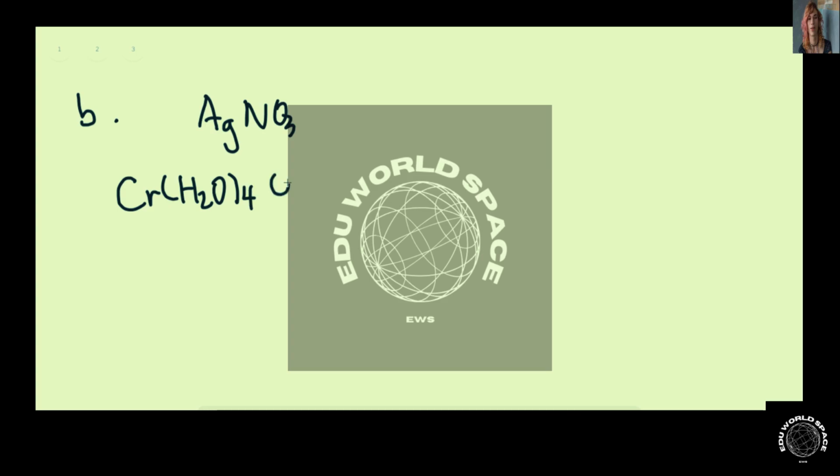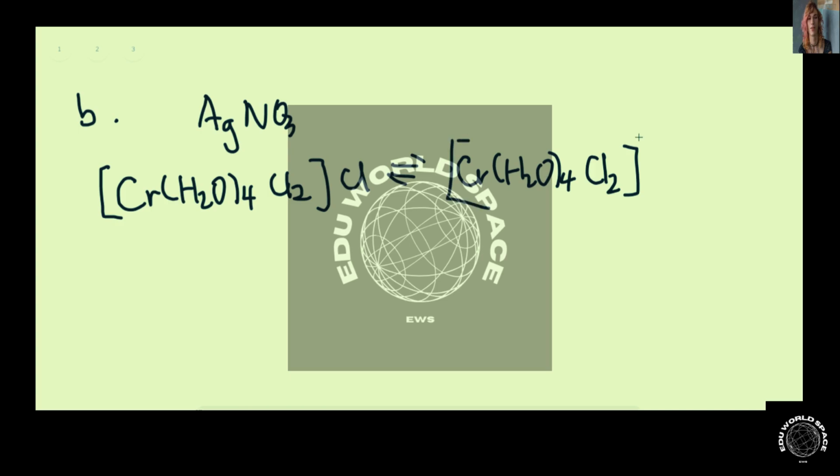[Cr(H2O)4Cl2]Cl, after the ionization, we get [Cr(H2O)4Cl2]+ and 1 chloride ion. So 1 mole of chloride ion satisfies the primary valence of the complex. And this means that only 1 chloride can be ionized in aqueous solution.